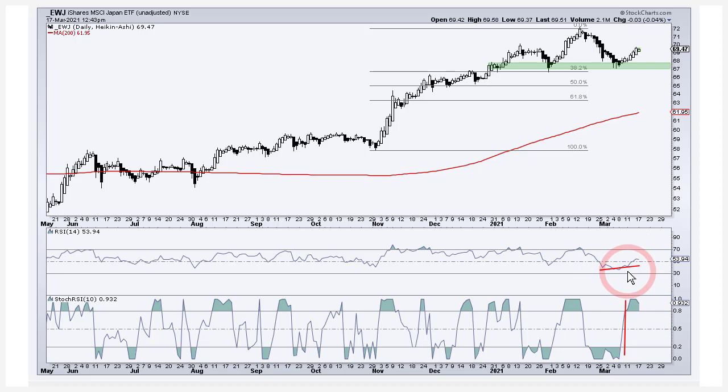So once you have those three things in play, then you look for the stochastic pop, the Stoch RSI pop. And when it pops above 0.80, that tells you you've had some sort of momentum pop, so to speak, that can signal the start of a renewed push higher. And so we've gotten that. And as I showed before, we've got that channel break working here. So Japan's looking bullish.